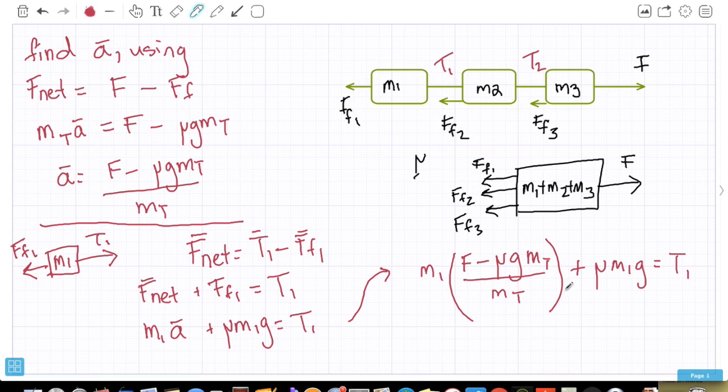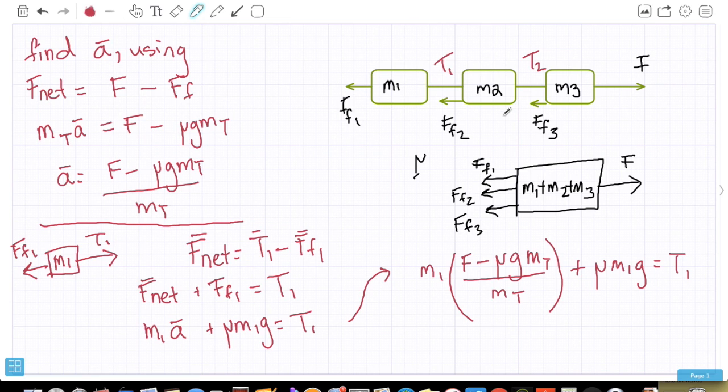Well, what this is saying is that the tension force has to be equal to the acceleration force plus the force of friction holding it back. And that does make a lot of sense, because the tension force has to overcome friction before it can start adding acceleration to the block M1.